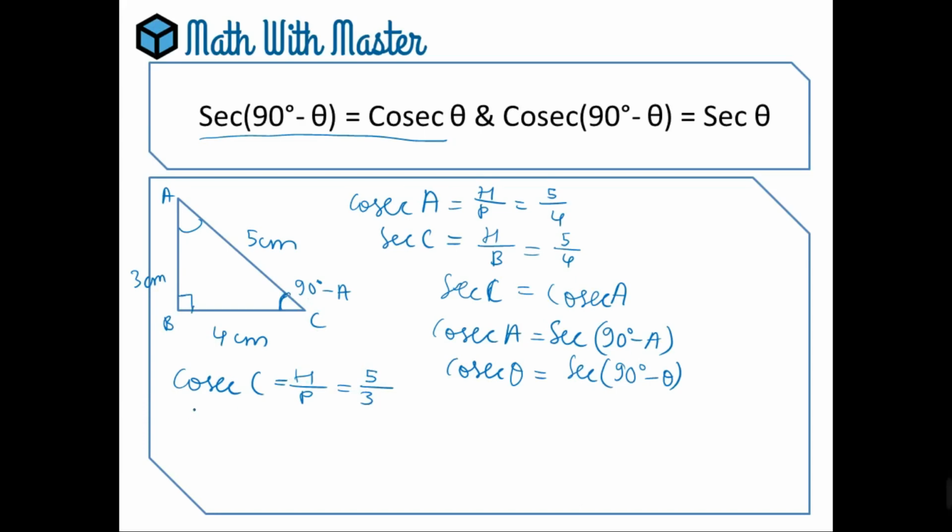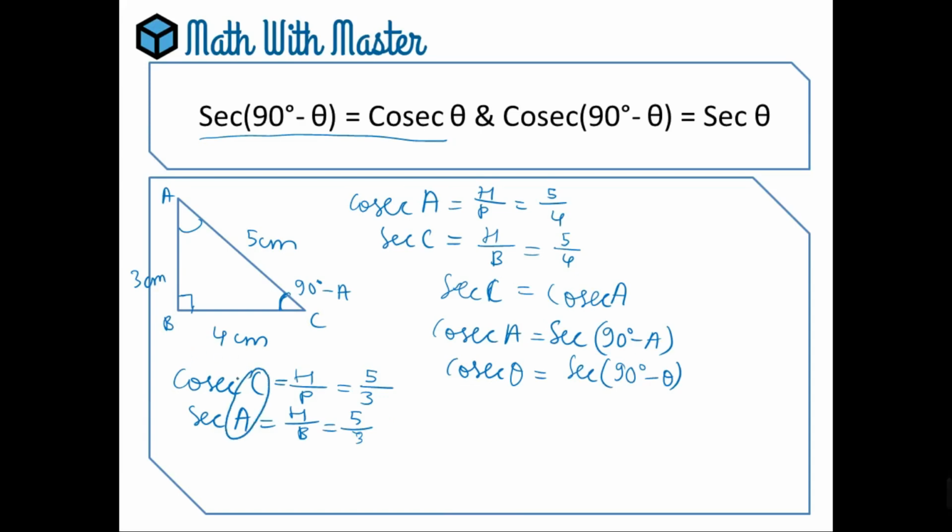Here sec A is equal to hypotenuse upon base, which is equal to 5 by 3. So once again the ratios are equal and the angles are complementary.